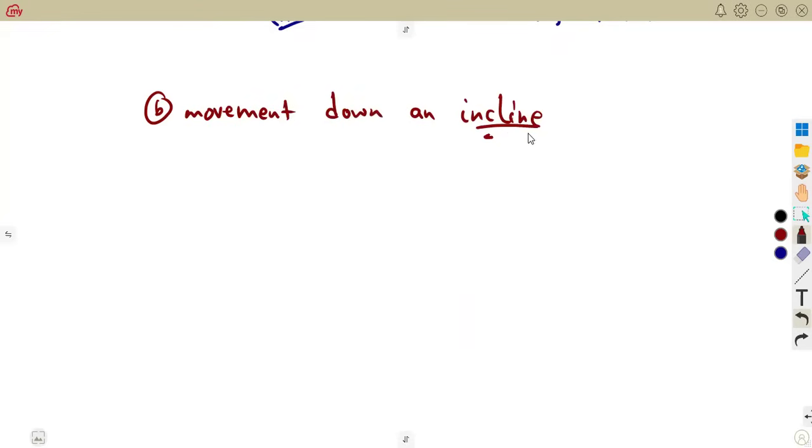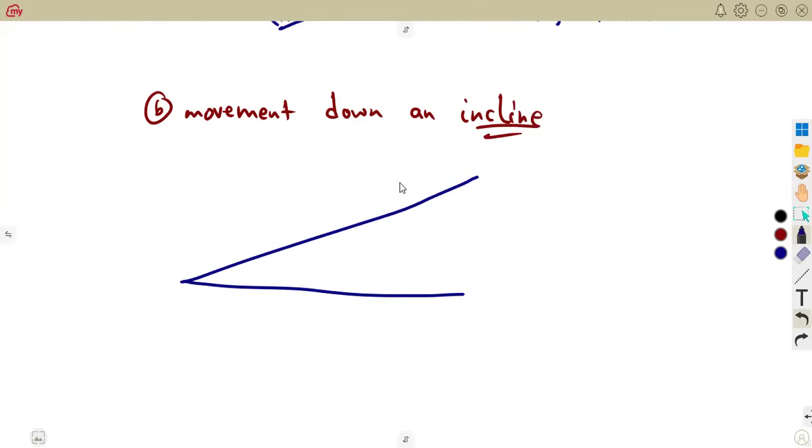The object originally starts from the top like this, and it is going down, at a certain angle, theta. So it means, guys, this is where your total applied force is, for it to go down.